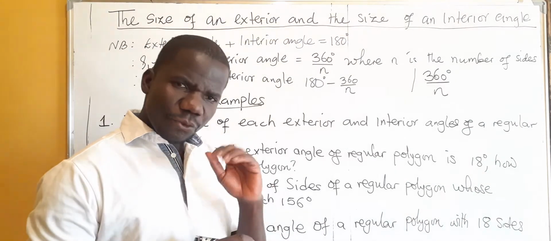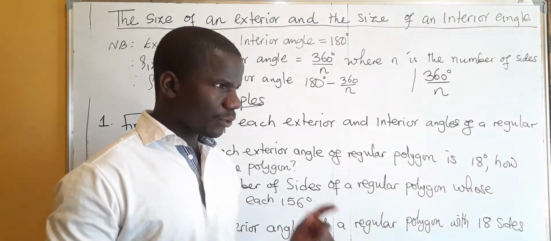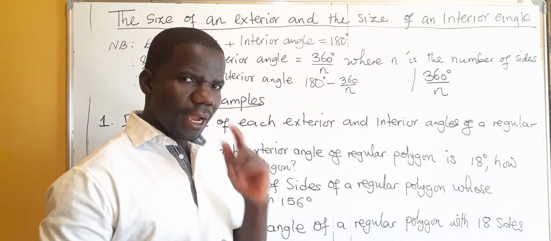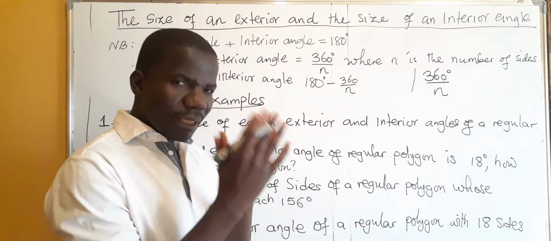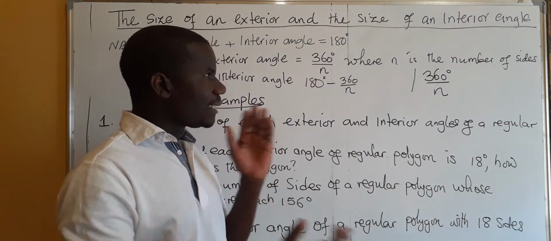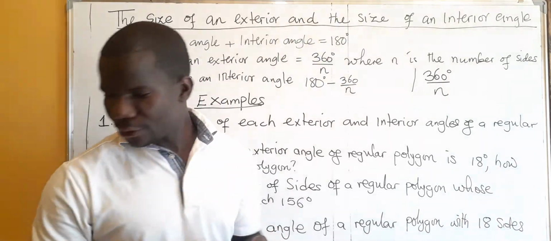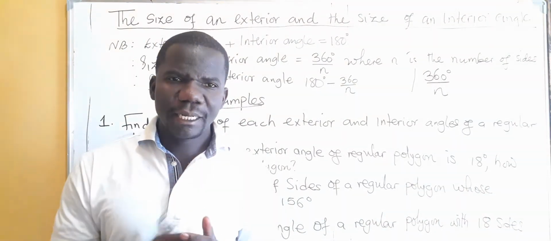Now, if you remember, in our previous lesson, I made mention of one concept that I wanted you to come with into this lesson. What did I say? The sum of an exterior angle and that of an interior angle, they should give us what? They should give us 180 degrees.